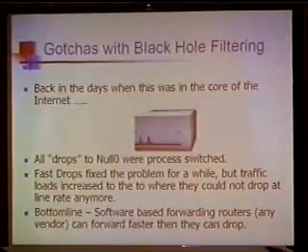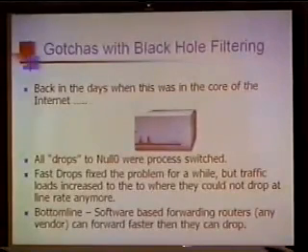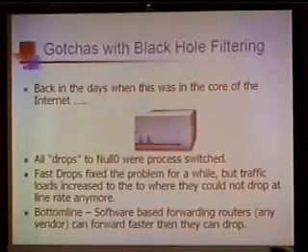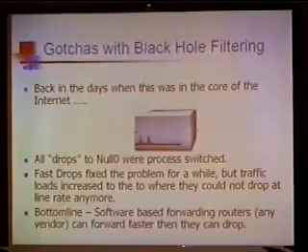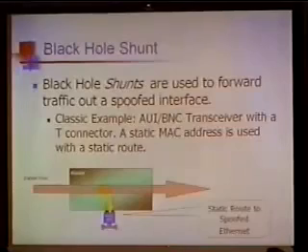So this is where knowing your equipment is really important. If you have equipment in your network that's software-based forwarding, with no specific ASIC, you've got to know that you're never going to be able to drop at line rate. Whereas if you have an ASIC-based forwarding device, you can say, okay, I can drop at line rate, all right?